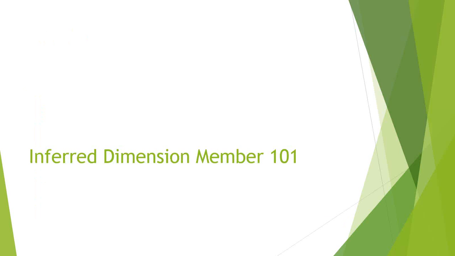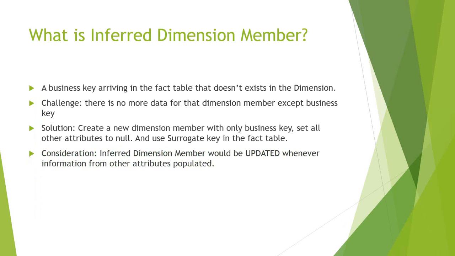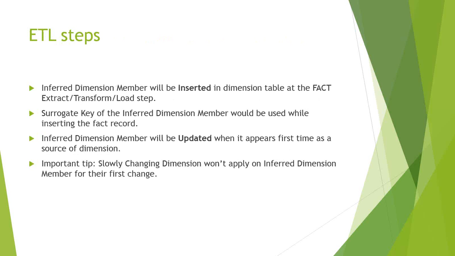Okay, inferred dimension member 101. What is an inferred dimension member? If you consider loading facts and dimensions, in most cases you load a dimension table first and then the fact table. This is the ETL design scenario.